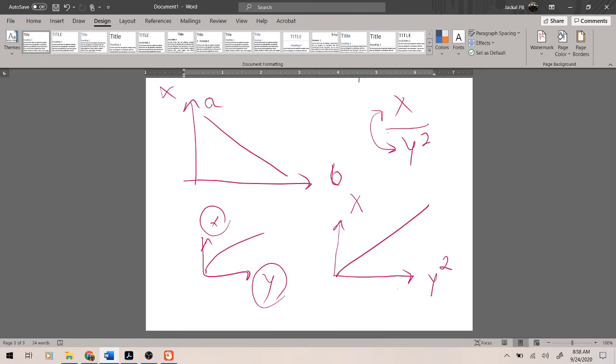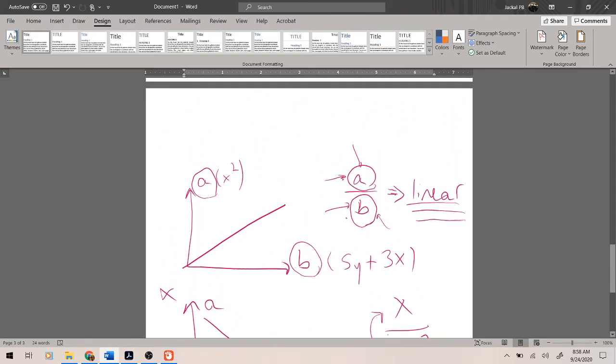Alright, and so that's why I put over here that a can be x squared and b might be 5y plus 3x.